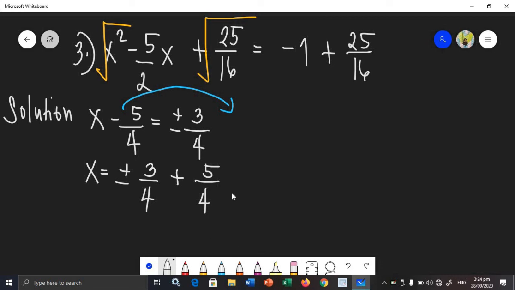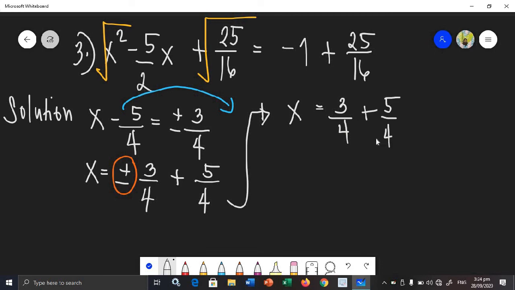Now, using this equation, we will split these signs para magkaroon tayo ng dalawang answer. So, yung una, positive, okay? 3 over 4 plus 5 over 4. And then the second one will be x is equal to negative 3 over 4 plus 5 over 4.